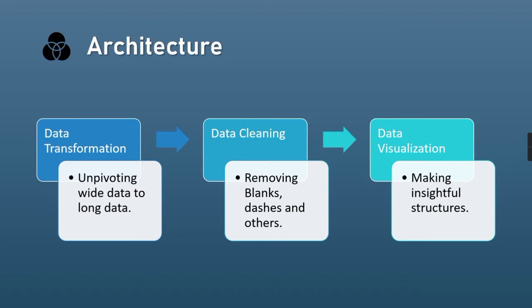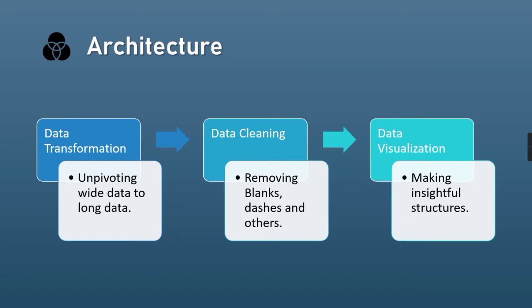The architecture of this project is divided into three steps, starting from data transformation, where we will restructure data according to our needs so that it would be helpful for the visualization and good for analyzing. The data set we have is a wide data set, that means a pivoted data set.